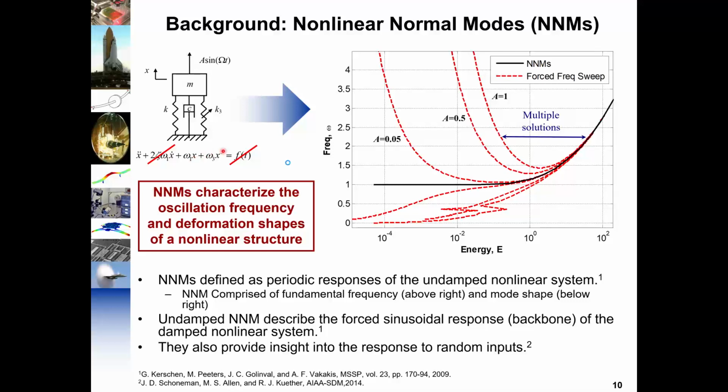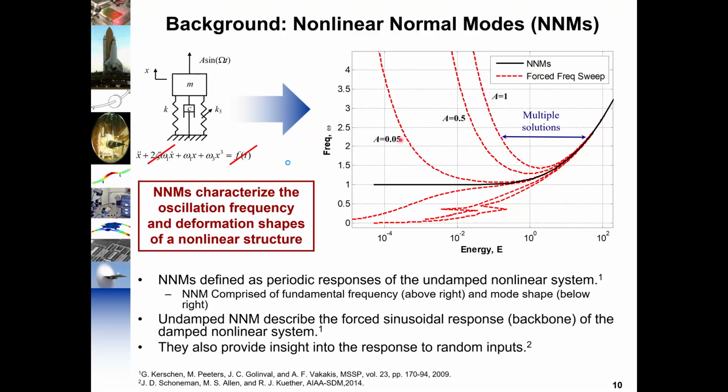And if you think about it, that's the same thing we would do if we had a linear system, right? Omega 1 would be the solution when we have only these terms. So now we allow the stiffness nonlinearities to come in. And a nonlinear mode then is defined as any solution to that. And they're amplitude dependent, so we can plot them as a curve where the effective natural frequency is a function of amplitude, or vibration amplitude, or energy in the system.